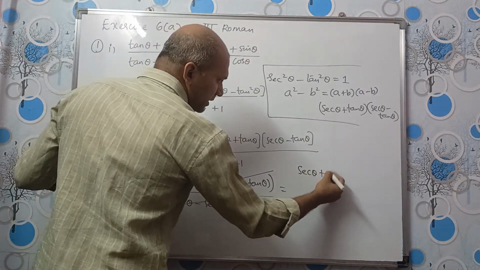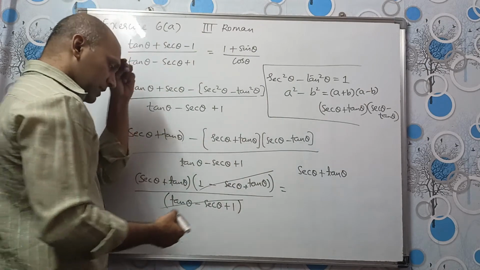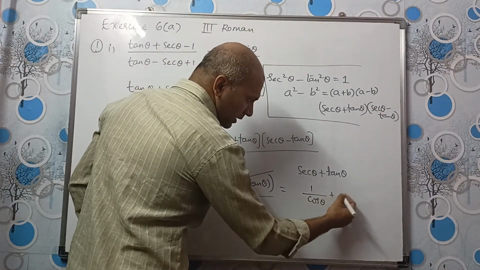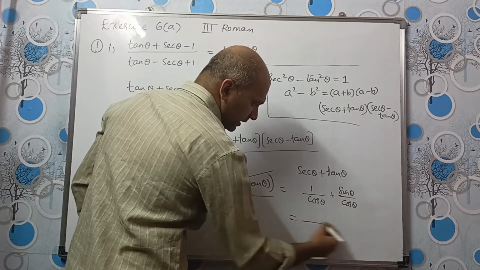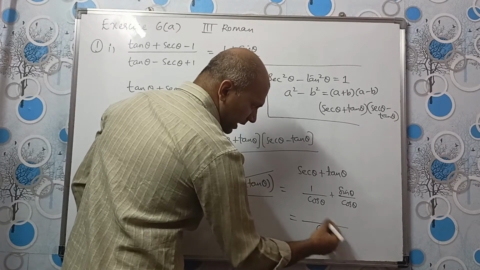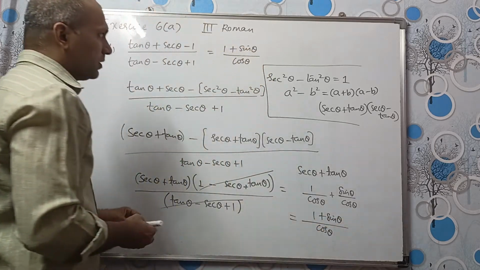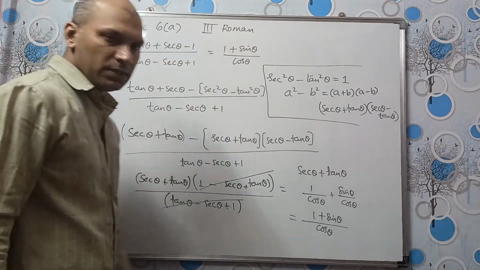We got the answer. See, how can we write it? Secant is 1 by cos, tan is sine by cos, right? So denominators are same, write it one time, this will be (1 plus sine) divided by cos. So we needed to prove that this is equal to (1 plus sine) divided by cos.